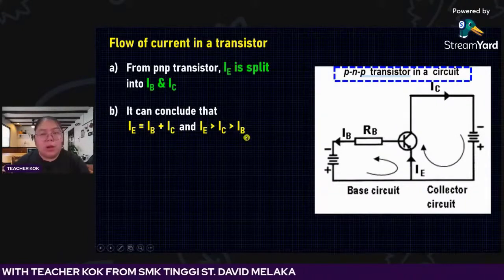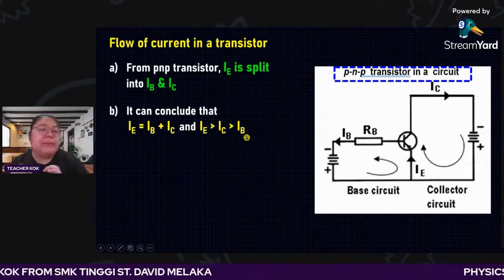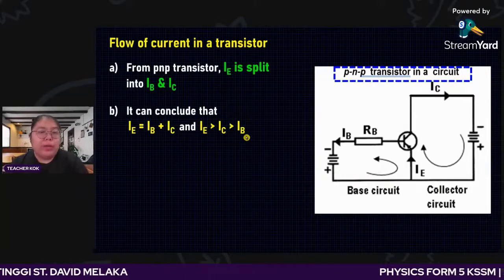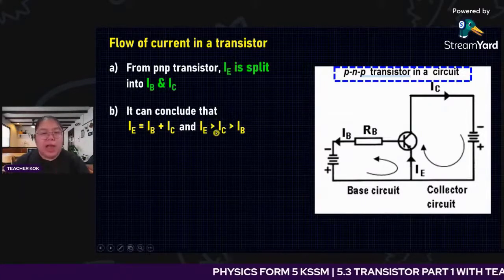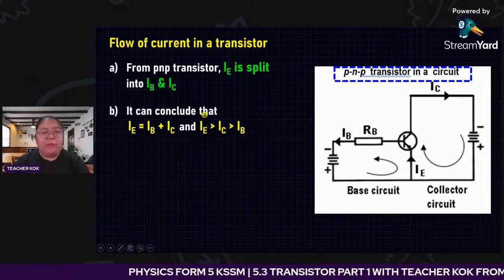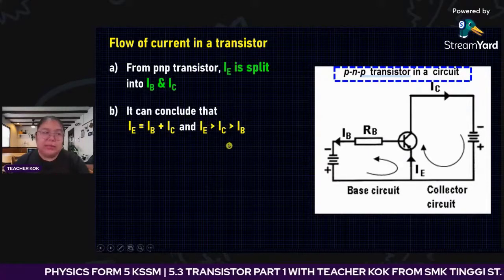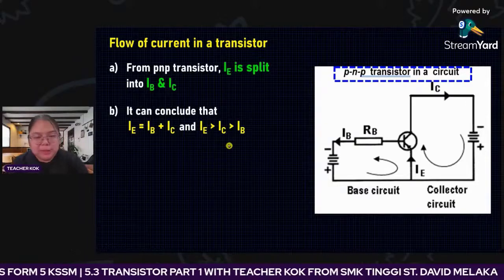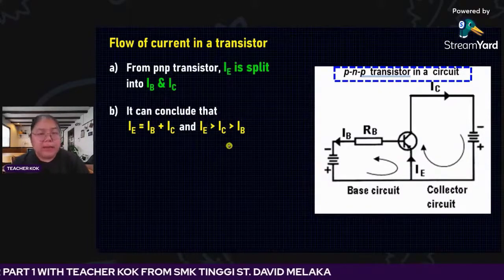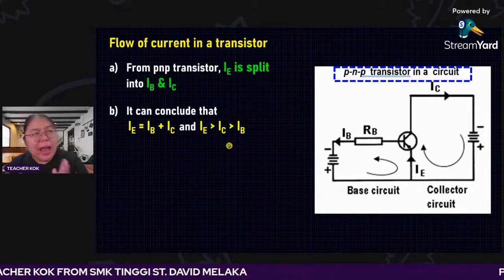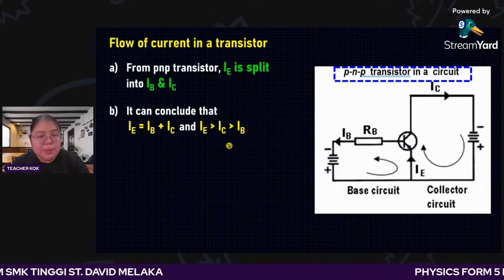From here we can make a conclusion: IE is sure to be the biggest one. The emitter current is the biggest. Then after that we have IC and IB. From here we find that the current in the collector must be higher than the current in the base. Later we will explain why IC is bigger than IB.